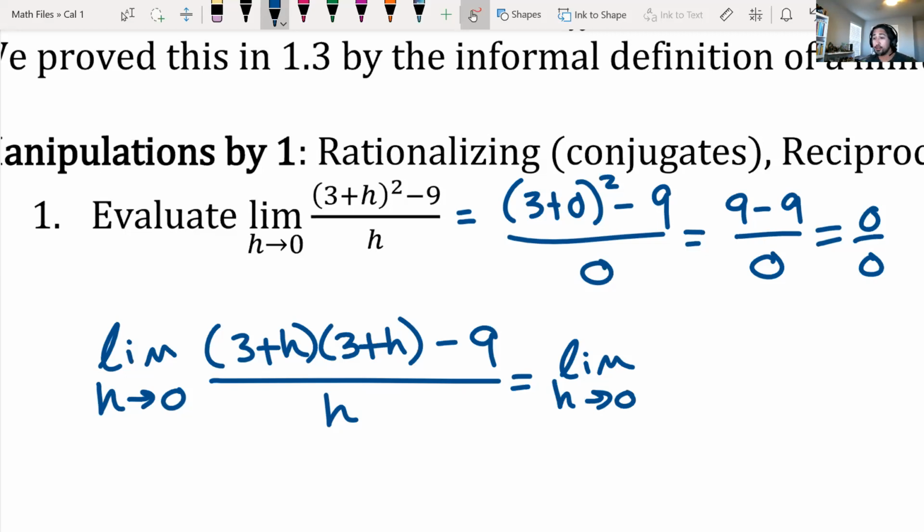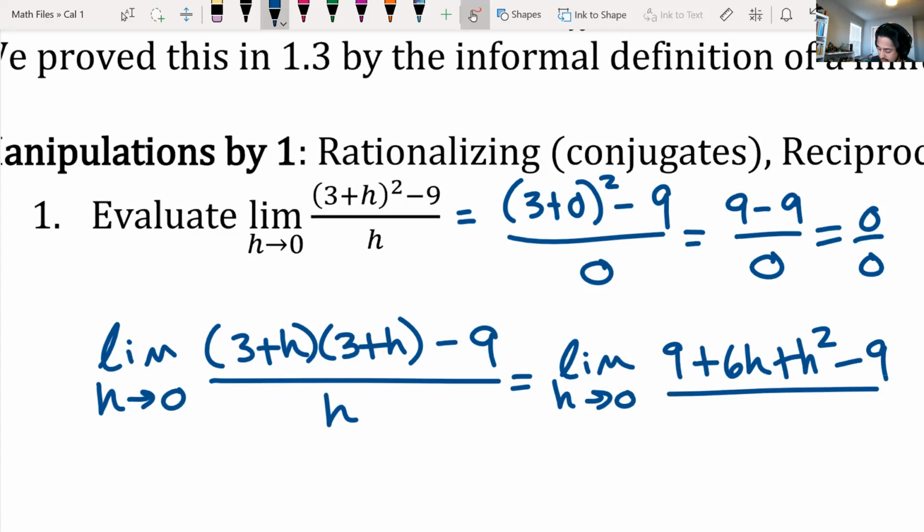Okay, perfect. So 3 plus h squared means 3 plus h times 3 plus h. So we're going to use the basic algebra method of FOIL. So we FOIL that out, and we're going to get 9 plus 6h plus h squared minus 9 all over h.